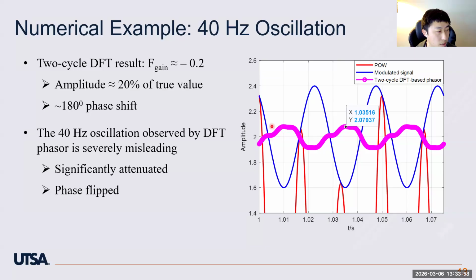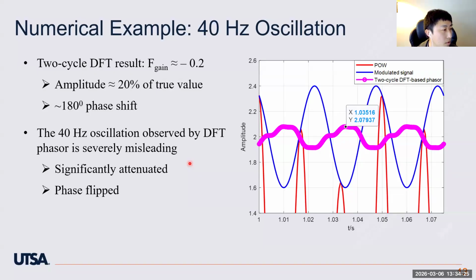If you look at the figure, you can see that the pink curve is much lower than the ground truth, which is the blue curve. We also predicted from that expression that we're going to have a 180-degree phase shift. And you can tell from the figure that the pink curve is out of phase with the blue curve.